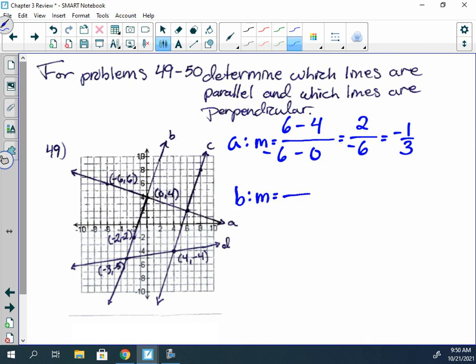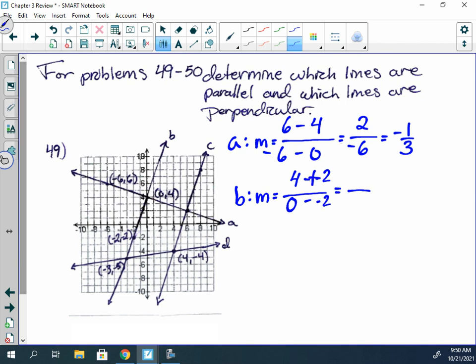Line B, we'll do the same thing. So we do have multiple points along this line. We have 0, 4, negative 2, 2, and negative 3, negative 5. We could use any of them. So I could say 4 minus 2, and then 0 minus negative 2.